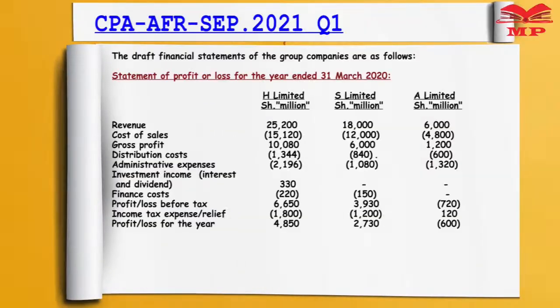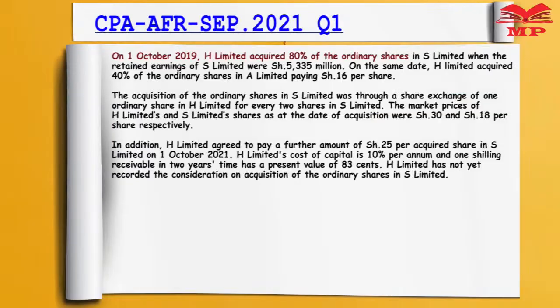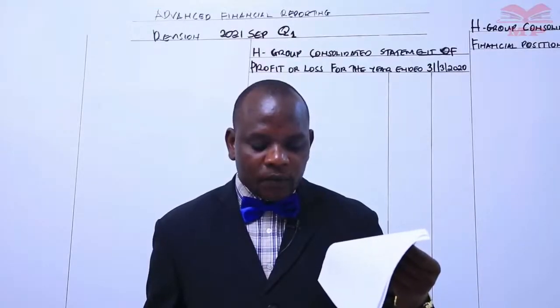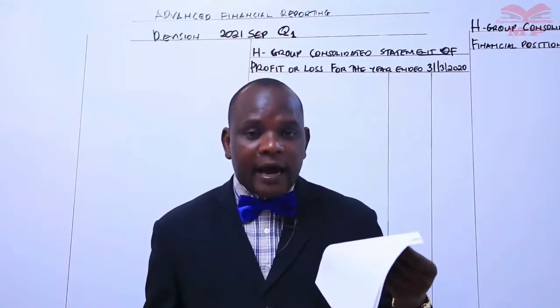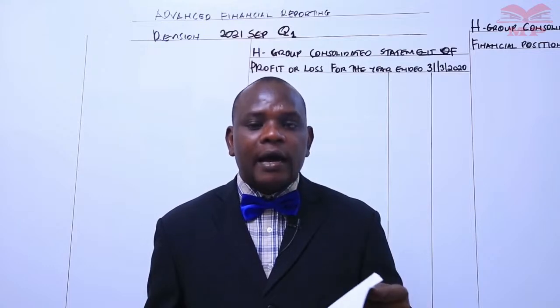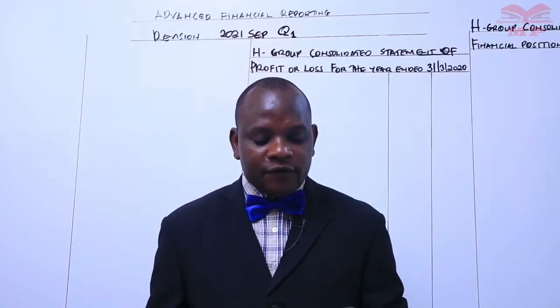The financial year ends on 31st March 2020. The acquisition took place on 1st October 2019. So that means that our financial year begins on 1st April 2019 and ends on 31st March 2020. So we have to count how many months we have before acquisition and how many months we have after acquisition.